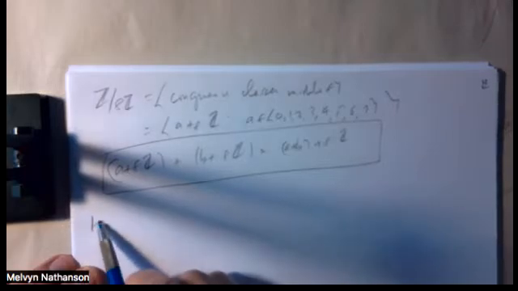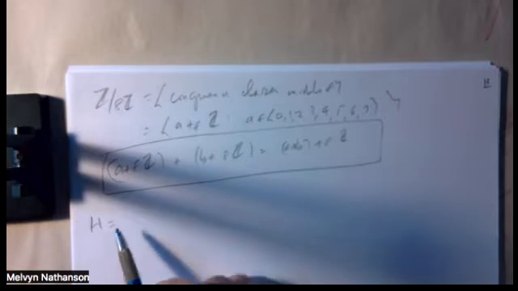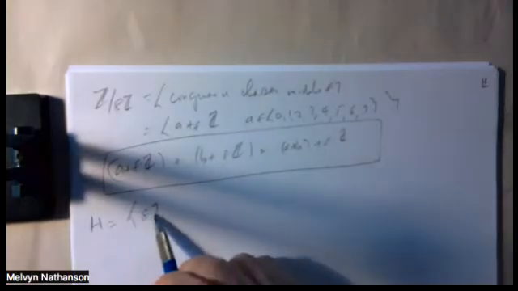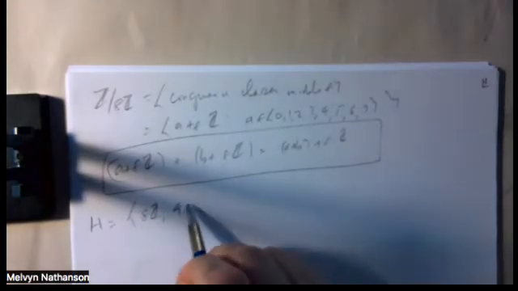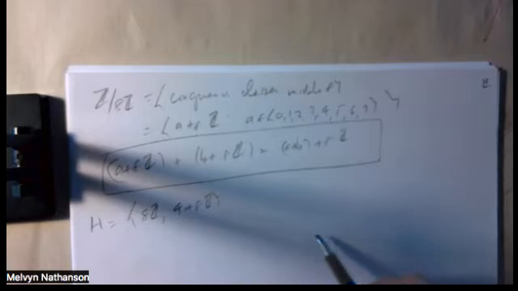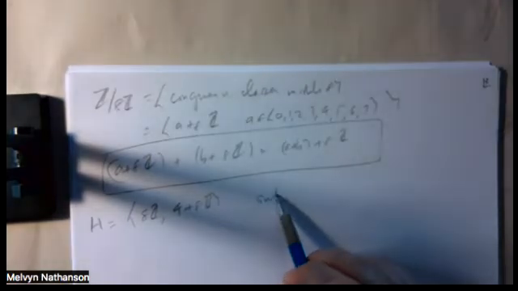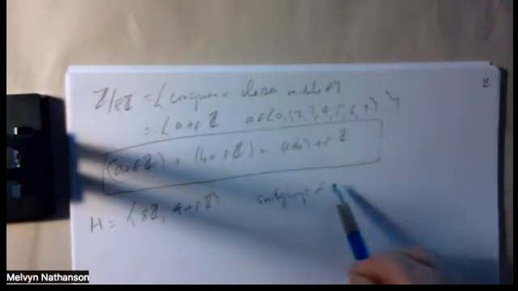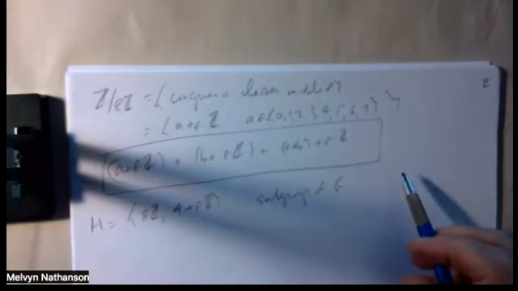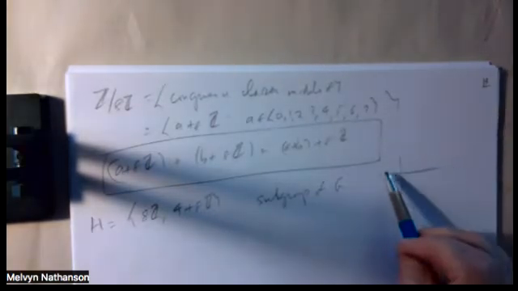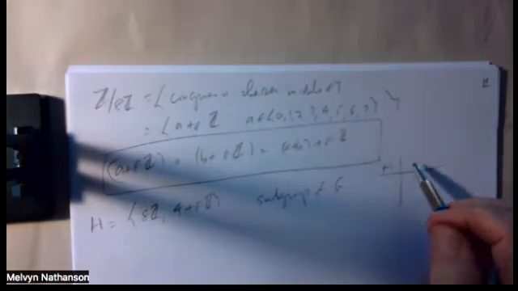Now, suppose I take H to consist of 2 congruence classes, 0 plus 8Z and 4 plus 8Z. This is a subgroup of G. And in fact, what is the addition table for this subgroup?